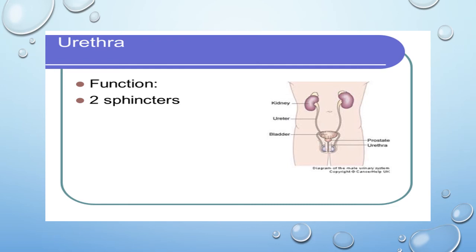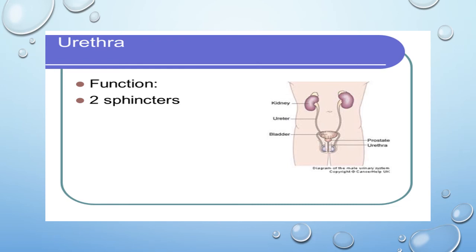The internal urethral sphincter is made up of smooth muscle. It's involuntary. That's the one that says, oh, I think I've got to pee soon. I've got to urinate quickly. Okay. This keeps the urethra closed when urine is not being passed. So it's held in that position, and you get that sensation that you have to pee.